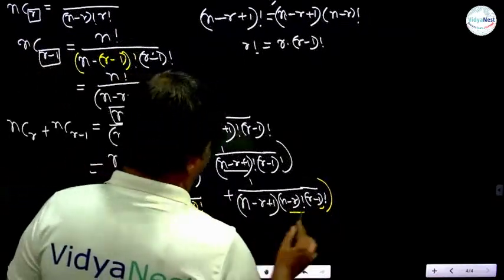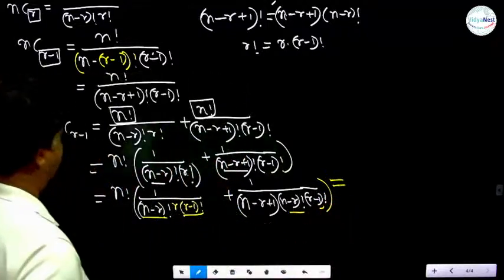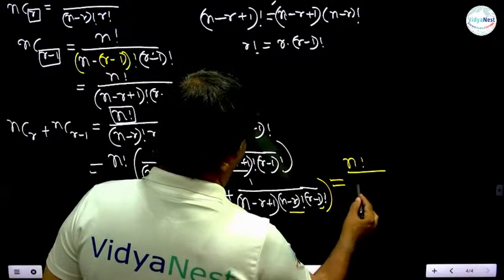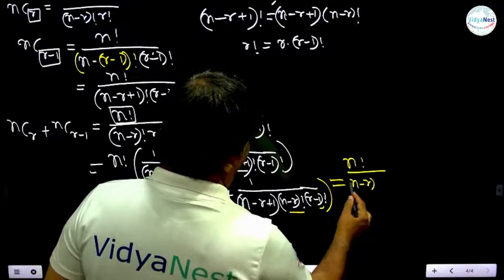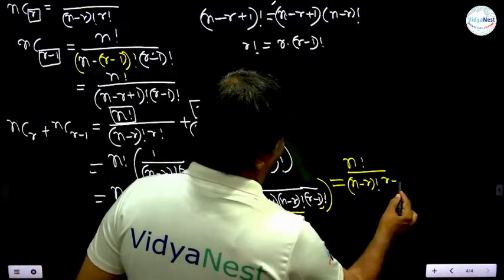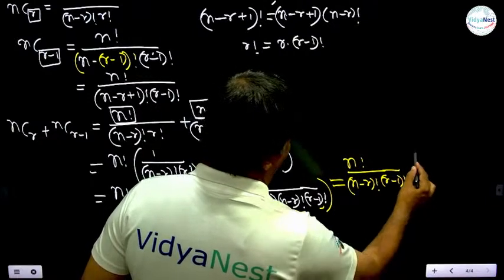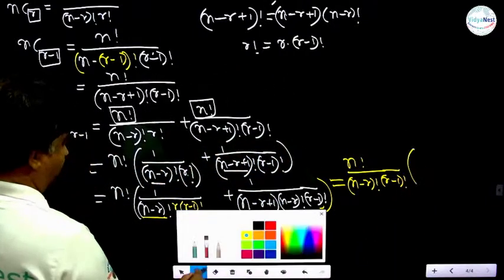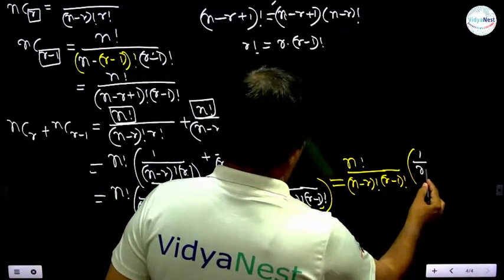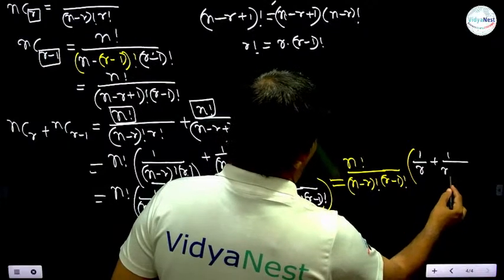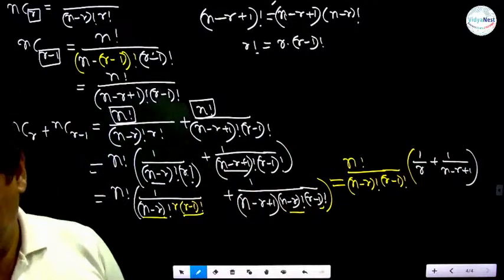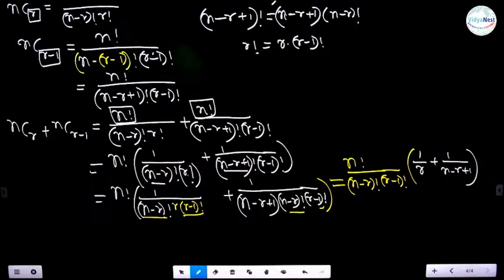If I take n factorial by n minus r factorial common, and factorial r minus 1 common, what will be left in the bracket? 1 by r plus 1 by n minus r plus 1. Okay? Up to this stage, okay?